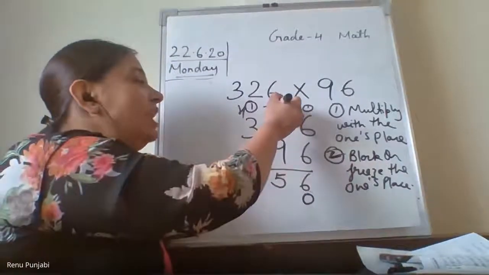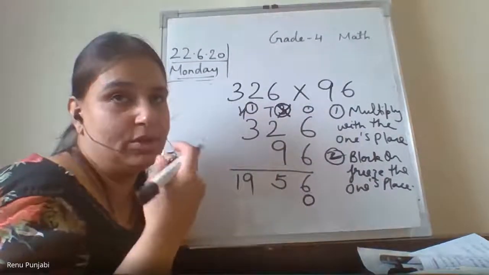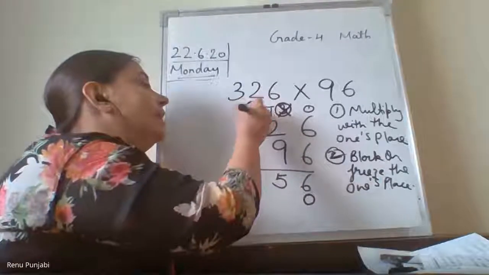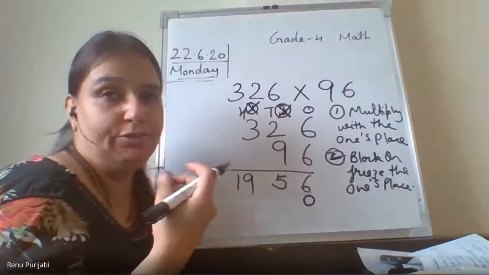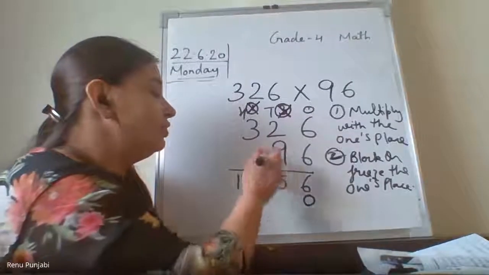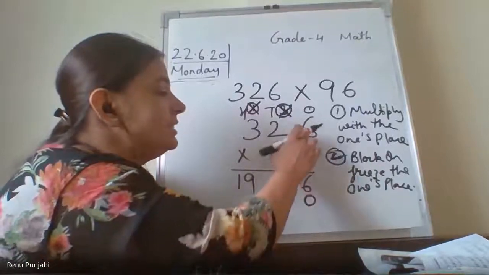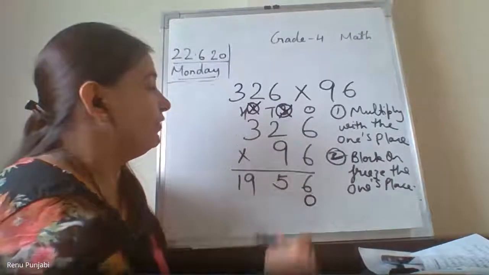Now the carryovers which we put here, we have to cross these carryovers also, because their chance is also done. So as not to confuse you, we cross these carryovers also. Come to the next number. 9 6s, that is 54.